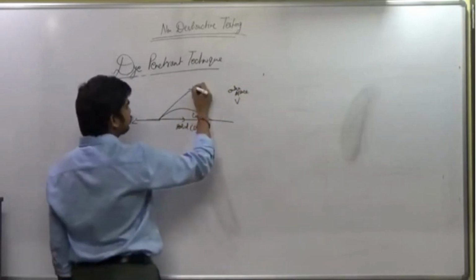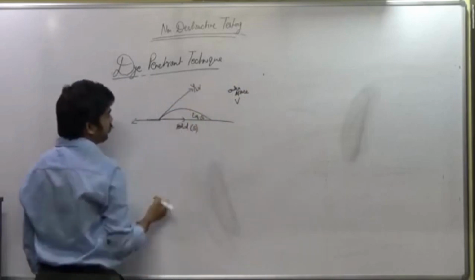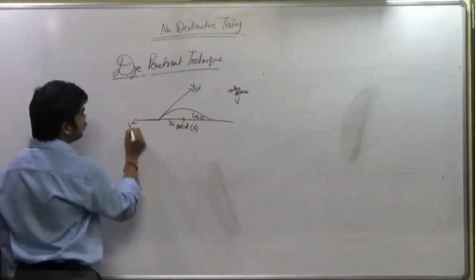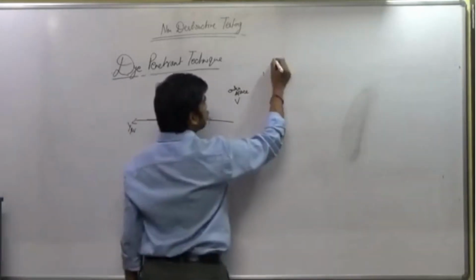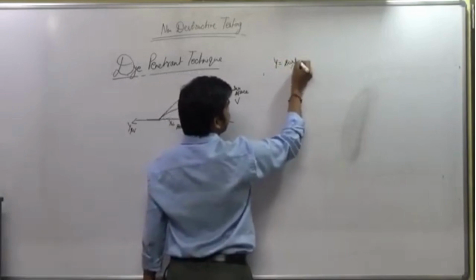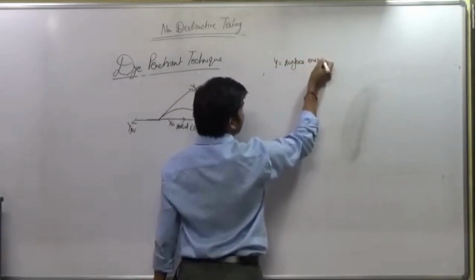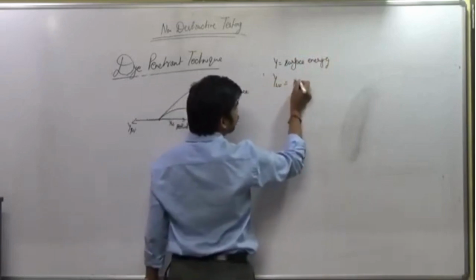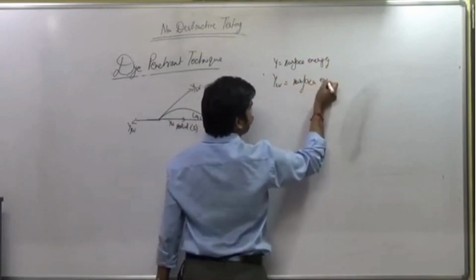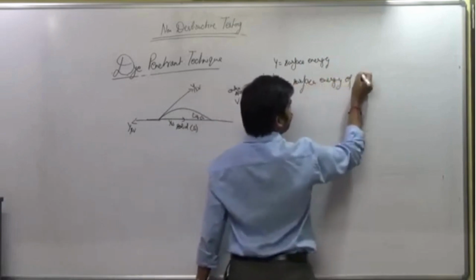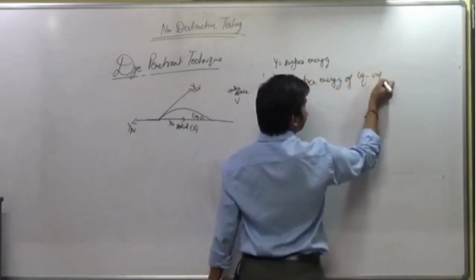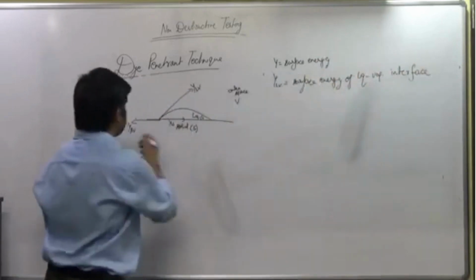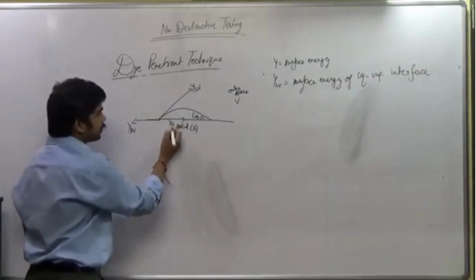So this will be gamma LV, this will be gamma LS, and this will be gamma SV, where gamma represents my surface energy. So gamma LV would be the surface energy of the liquid vapor interface, and the same for the others, SV and LS.